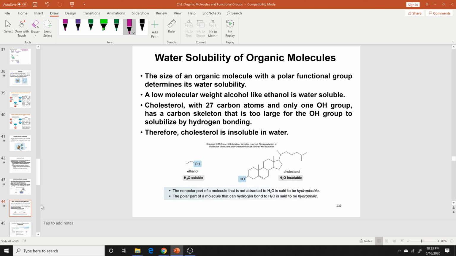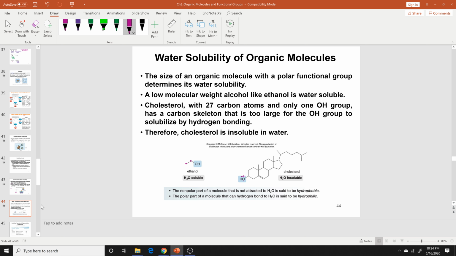The size of the organic molecule with the functional group normally affects the solubility. For compounds to be soluble in water, they shouldn't have more than 5 carbons. So 2 carbons here, and I have a polar bond, then basically ethanol is soluble in water.